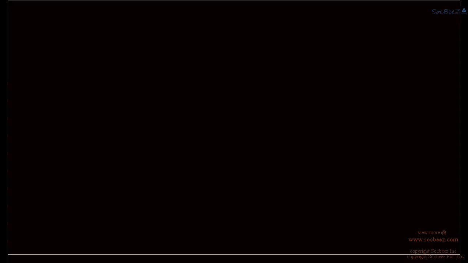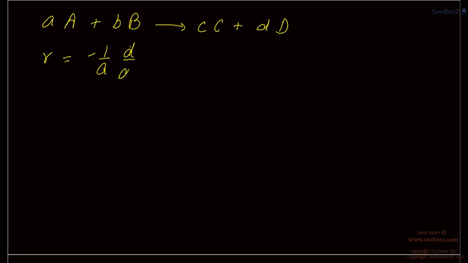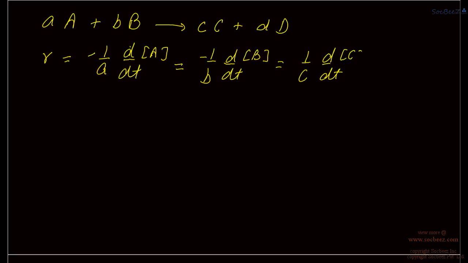Now suppose any reaction is given to us, A plus B giving us C plus D. Now mathematically, the rate of chemical reaction will be rate equals minus 1 upon a d by dt of A, equal to minus 1 upon b d by dt of B, equal to 1 upon c d by dt of C, or 1 upon d d by dt of D. Now we have used here a negative sign because in case of reactants, as the reaction progresses, reactants are disappearing.